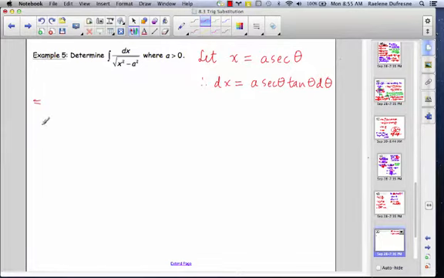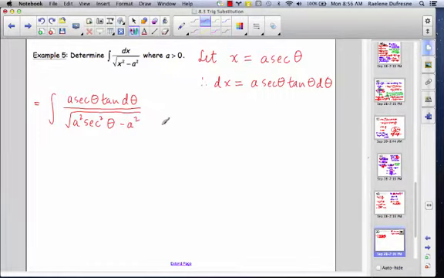So in the integral we get dx divided by the square root of x squared, which will be a squared secant squared theta, minus a squared. The a squared can be factored, leaving us with secant squared theta minus 1. A can come outside of the square root as the absolute value of a, but since a is positive, the absolute value is not necessary. And then the a in the top and the bottom can reduce.